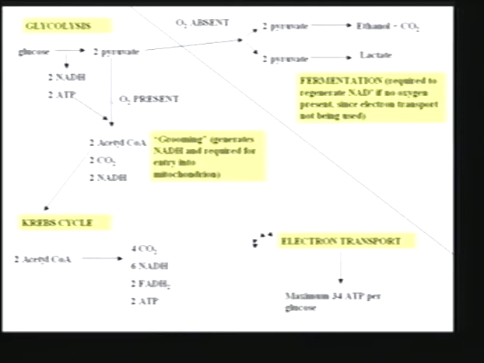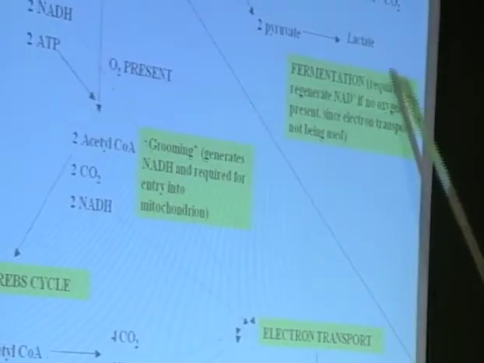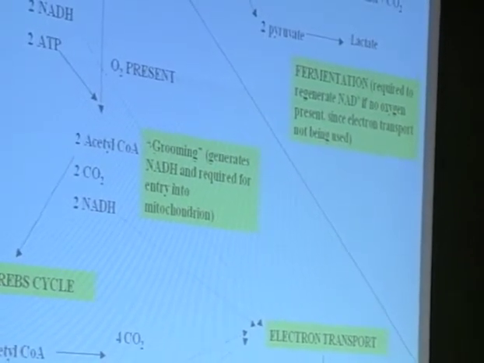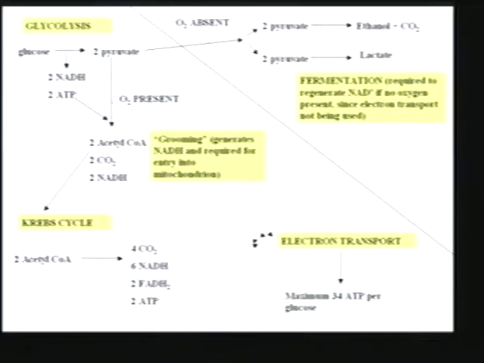Another process is lactic acid fermentation or lactate fermentation, where you take the two pyruvates and you just change the bonds around a little bit to produce a molecule called lactate. Our muscle cells will do that anaerobically. Right? So if you're sprinting full out from a dead stop, your muscles haven't had a chance to get enough oxygen, and so they're doing this anaerobic process to try and generate enough ATP to keep the muscle contractions going. After a while, they catch up and they're able to do the aerobic process. Okay.